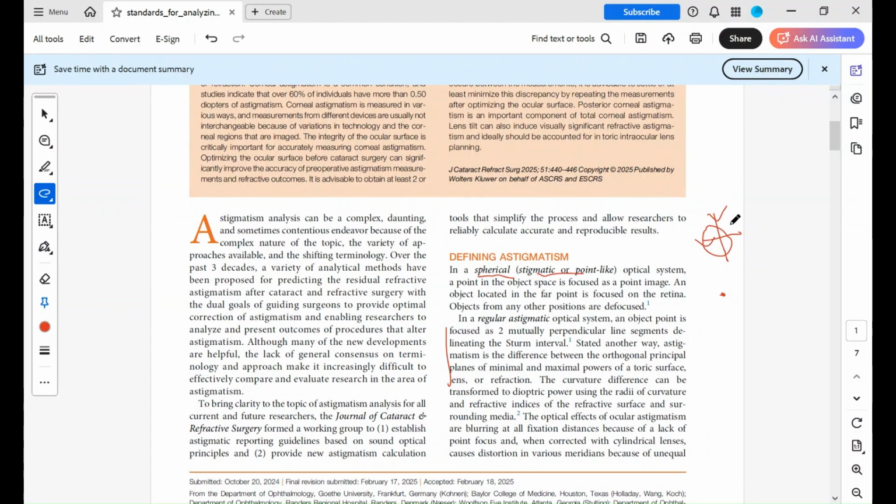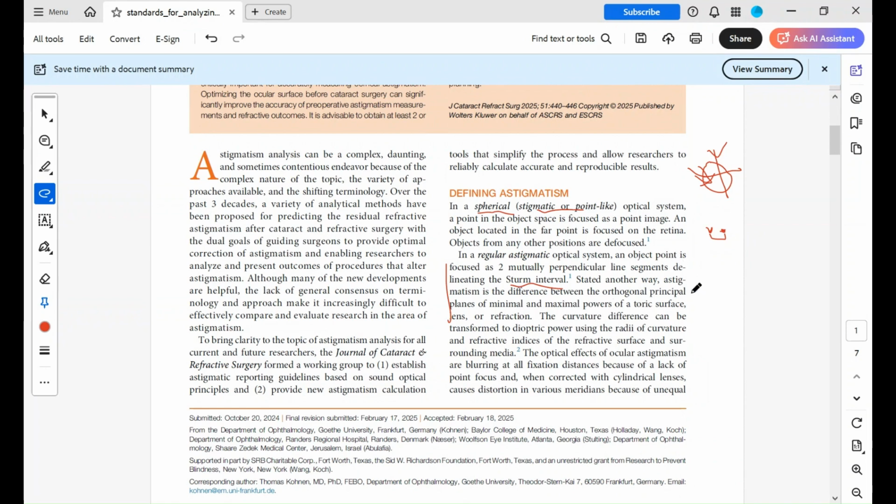Therefore, when rays of light pass through the vertical meridian, they fall at one point, and when rays of light pass through the horizontal meridian, they fall at another point over here. So there are two focal points that are created now, and the distance between these two focal points is called the Sturm's interval, or the Sturm's conoid, or the conoid of Sturm, right?